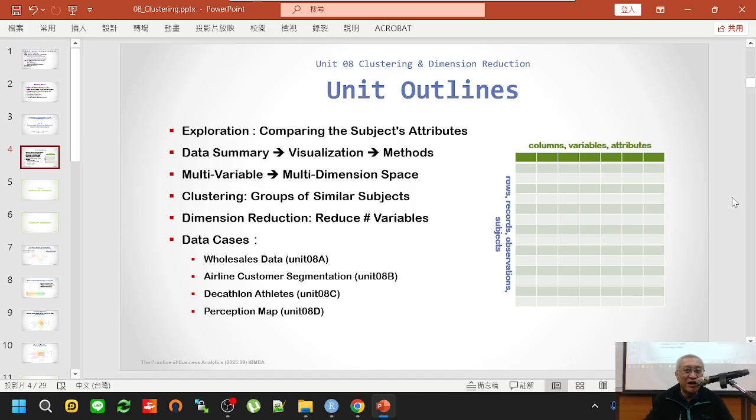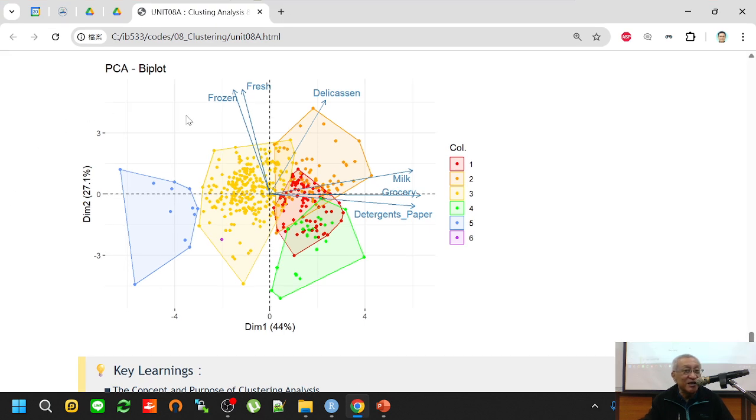And what dimension reduction does is help you compress the information in a high dimensional space into a lower dimension, so you can see the characteristic of each group in a clear picture. You get the point now?